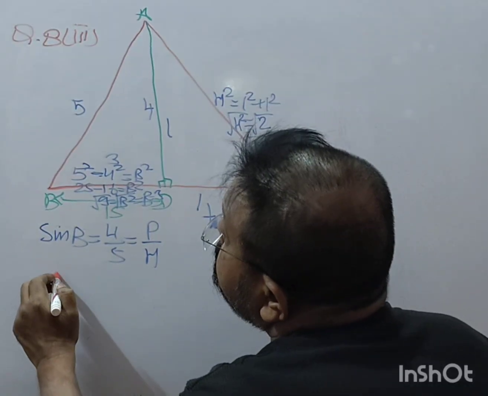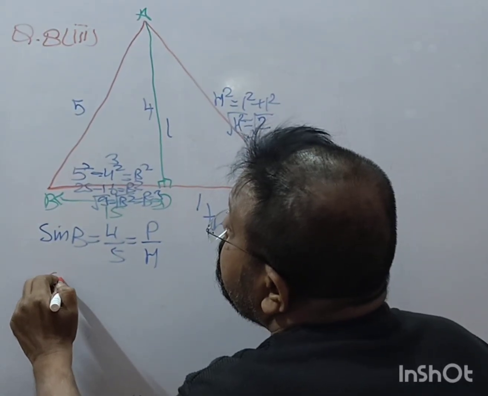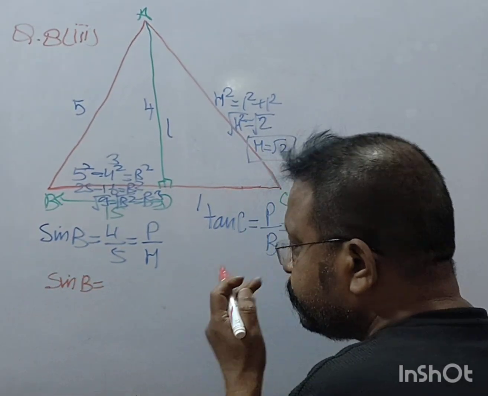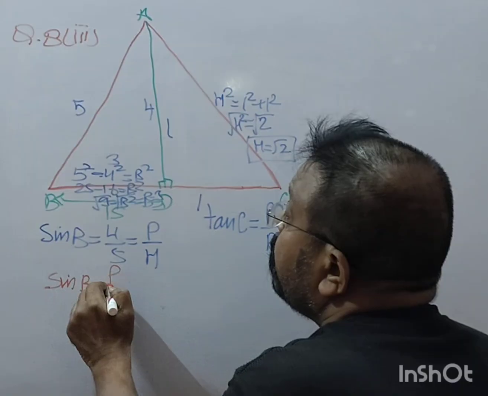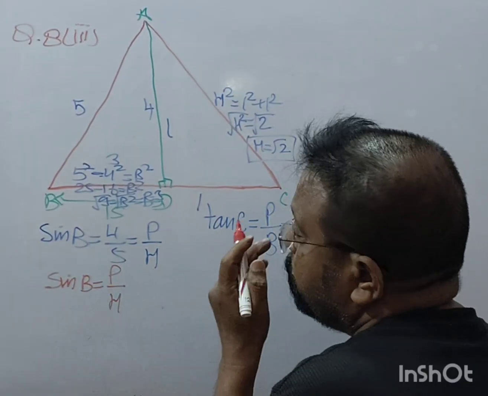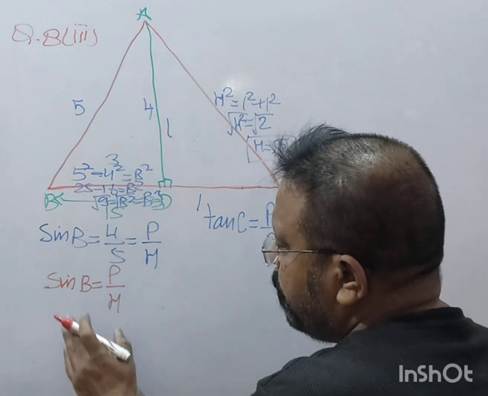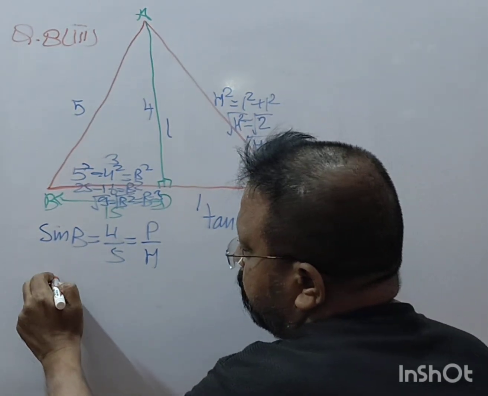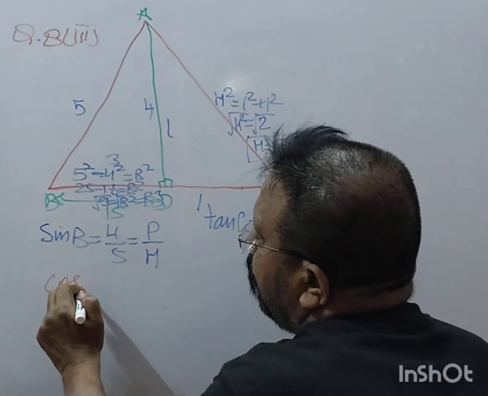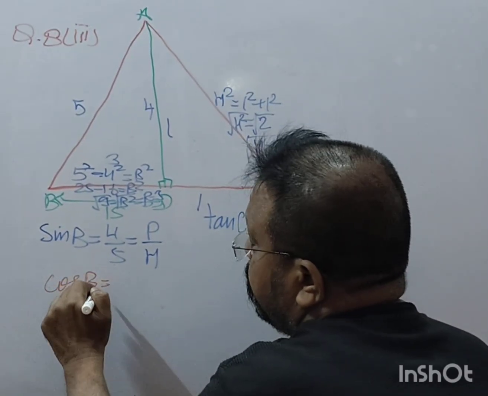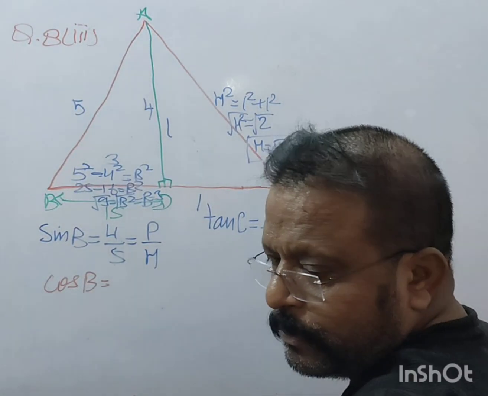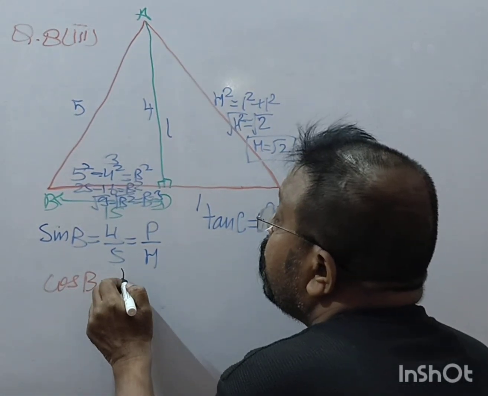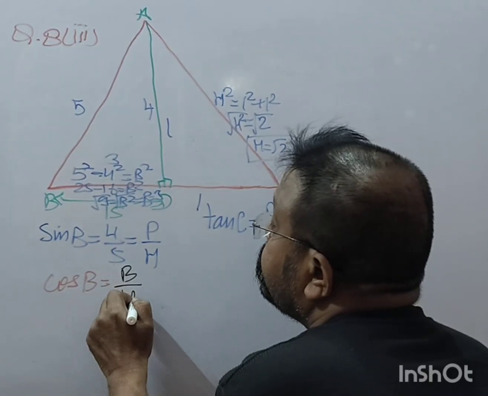So if I say cos B is equal to base upon hypotenuse.